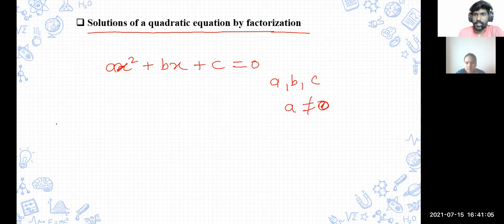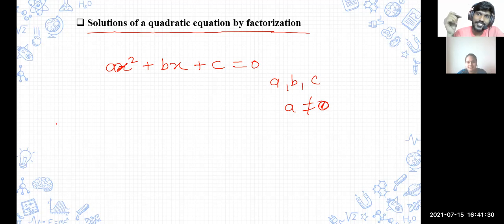writing. Yes, I'm right. Can you see? I've written. I can only see your underline the solutions of a quadratic equation by factorization. Okay, below that also I've written the general form of a quadratic equation. Yeah, now you wait boy. Now you started writing. You hadn't written it.